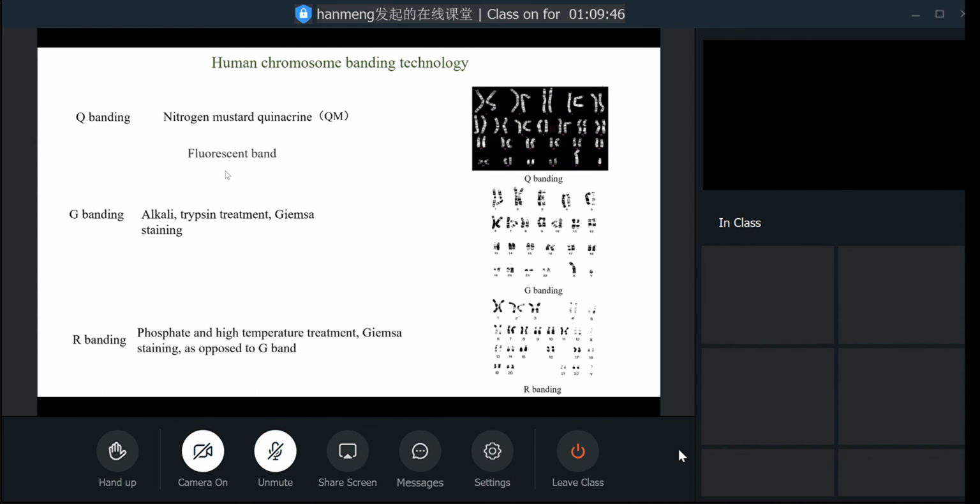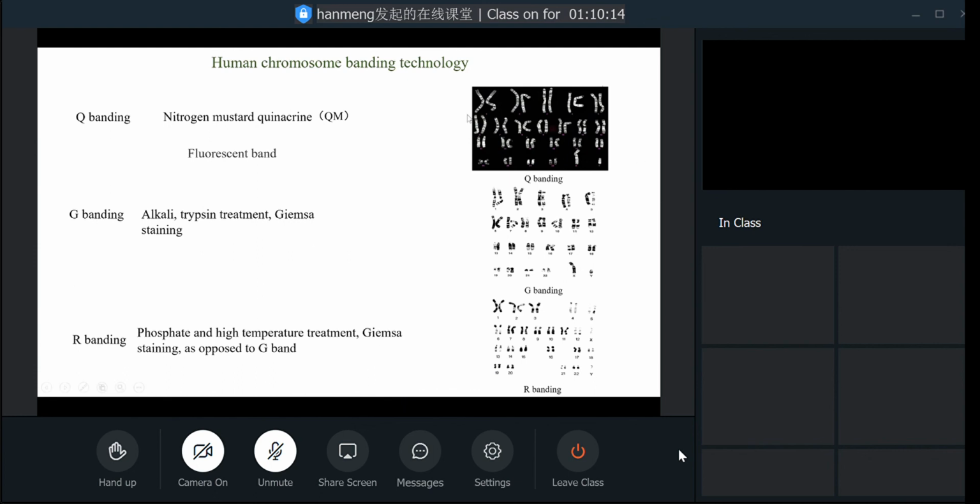For G banding, before Giemsa staining, there will be some treatment with alkali and trypsin. Then stain with the Giemsa dye. So we will see the G band.